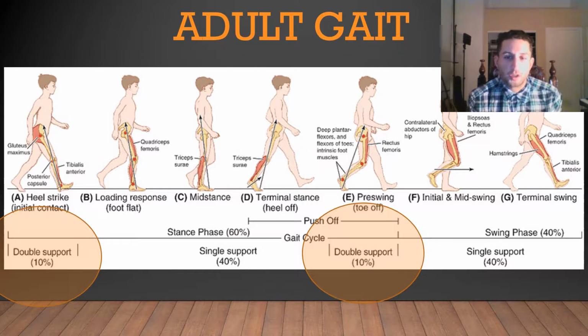This will help increase stability of walking. You'll notice that this is perhaps going to differ from the 10% you can see right here from the normal adult gait, and you can see some differences with gait abnormalities or development later on in life.